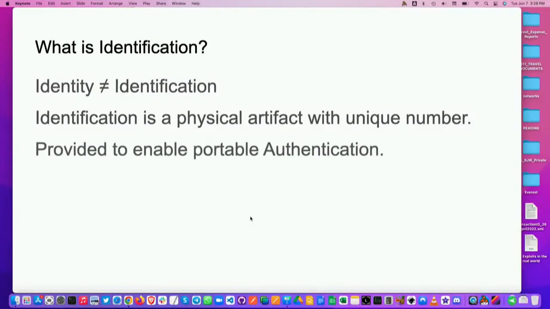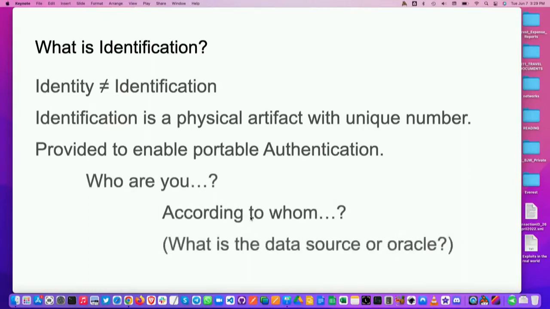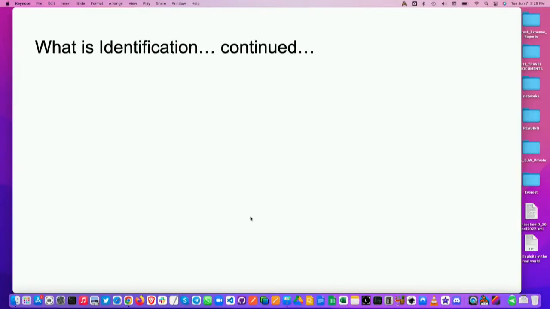Oh yeah, according to whom? Who is the oracle for that data? Who was the one that actually attested to that information? Well, in this case, it's the state's Department of Motor Vehicles acting as the oracle, having seen the foundational underlying documents and recorded those attestations about you into their system.